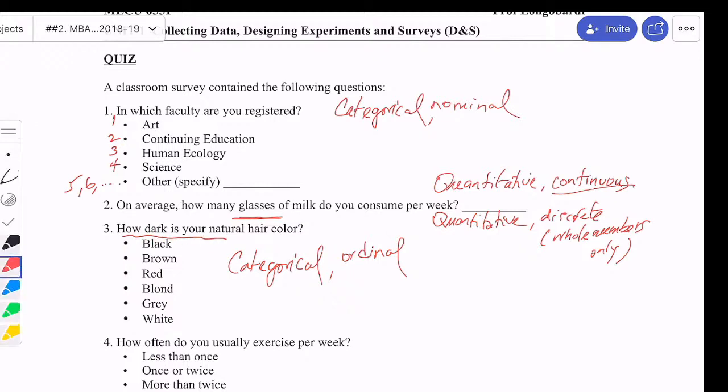So I can use numbers to do that. I could say that smaller the number, the darker the hair. Or I could do it the other way around. The point is that the relationship between the numbers matters, and the ordinal relationship between them particularly. So that's categorical ordinal because it's how dark. It's a spectrum.